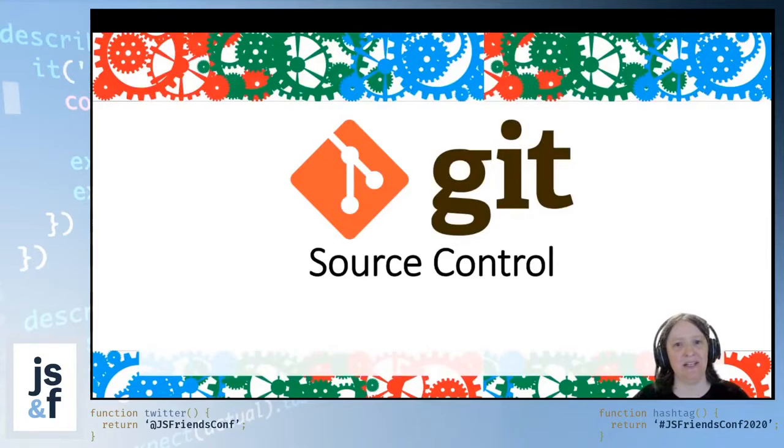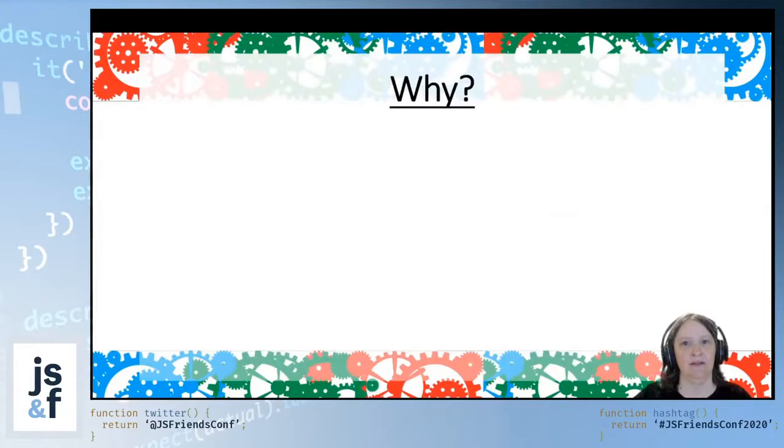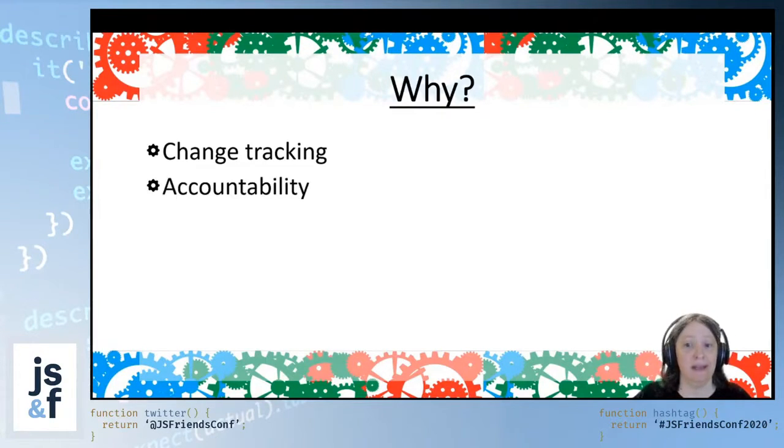Now, as I mentioned, Git is the source control that is used in Azure DevOps. So why do we even need to use source control? It goes back to the change tracking. Who made that change and when? The accountability. Who made that change and when?